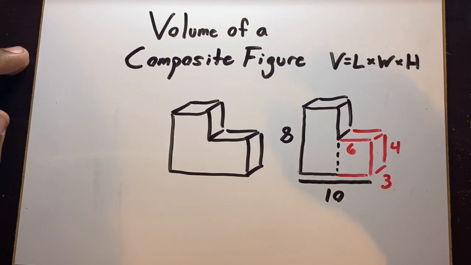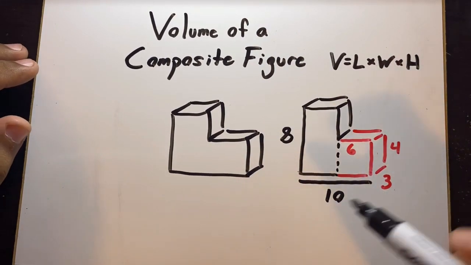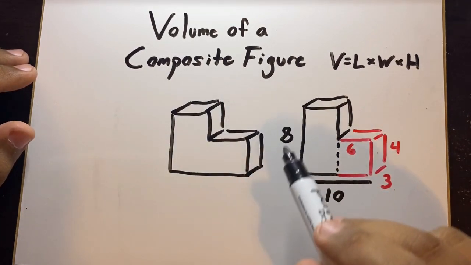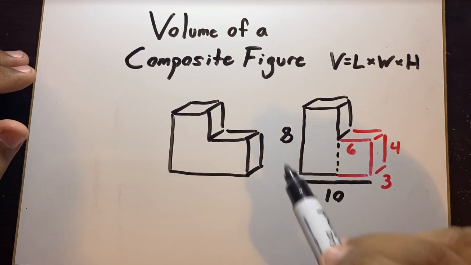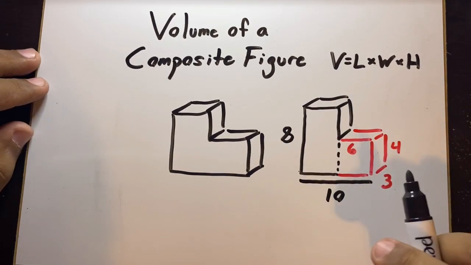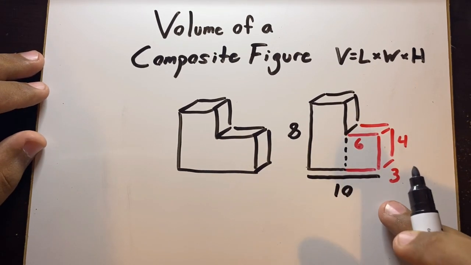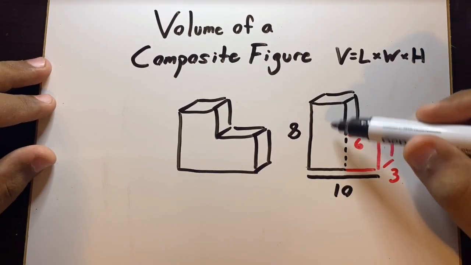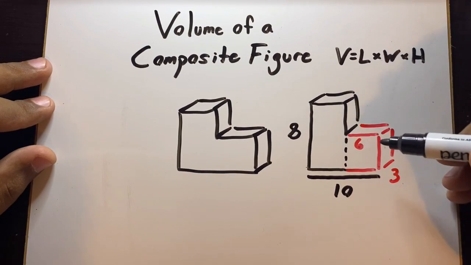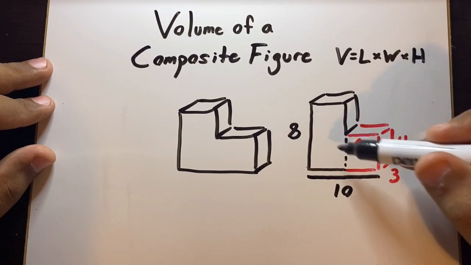This is why I separated the shape. Over here, I drew it as one singular shape, but over here I separated it into two. So in order to find the volume of the composite shape, which means both of them, you have to find the volume of one shape, find the volume of the other shape, and then add them together.